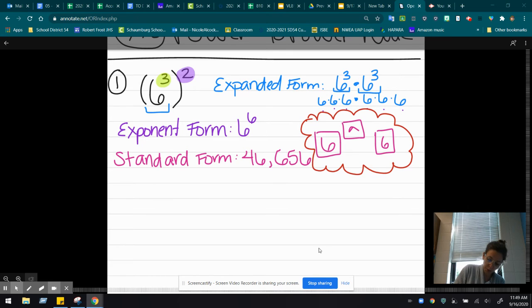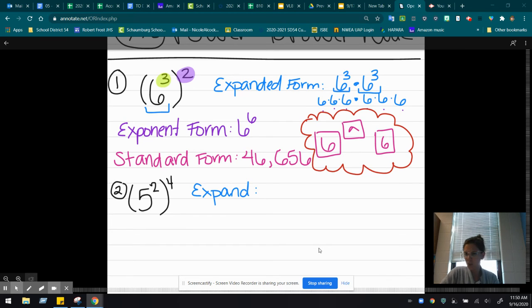We'll try another one. Number 2. 5 to the second power to the fourth power. So I'm visualizing 5 to the second to the fourth. I'm going to go ahead and write expanded form. I'm going to abbreviate and just put EXPAND. 5 to the second to the fourth power means 5 to the second 4 times.